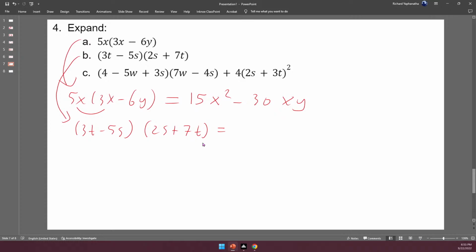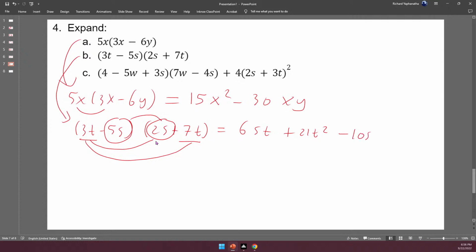If it is expanding 2 brackets, yeah, you already know. So it is using an arc. For me, it is the easiest one. So 3t multiplying by this, we will have 6st. 3t multiplying by this t, it will be 21t squared. And then after that, this one multiplying this, see, because we are using YouTube, I can ignore the chat.